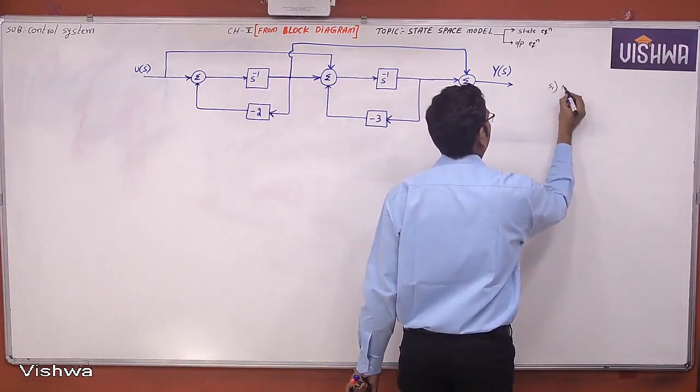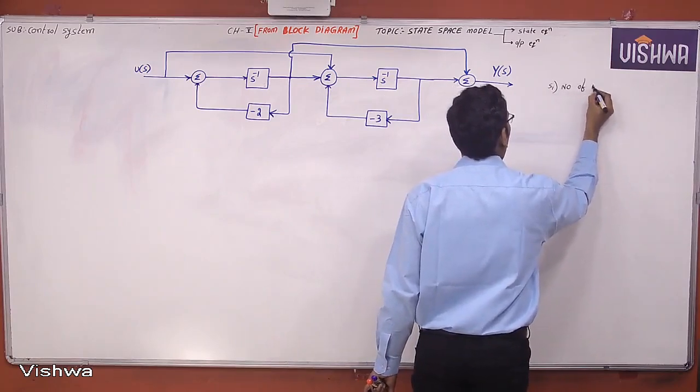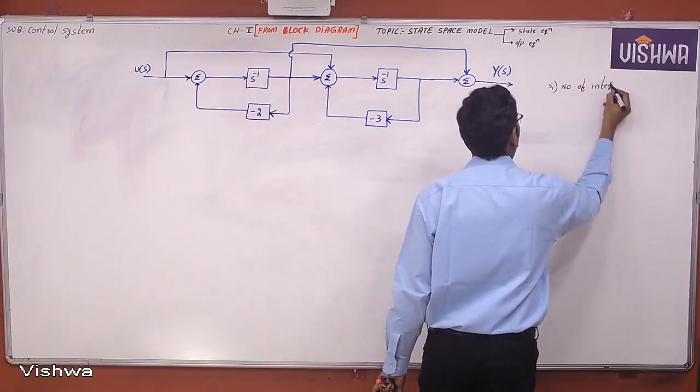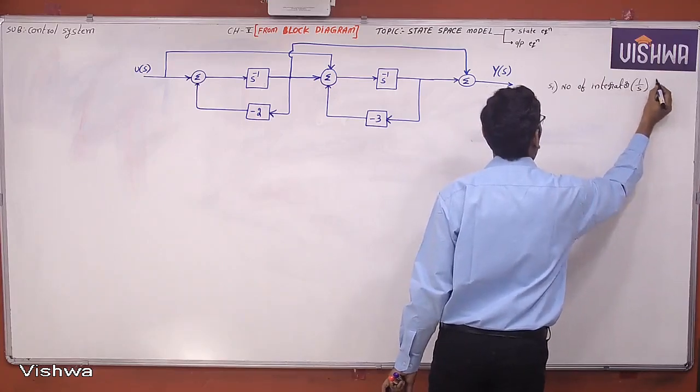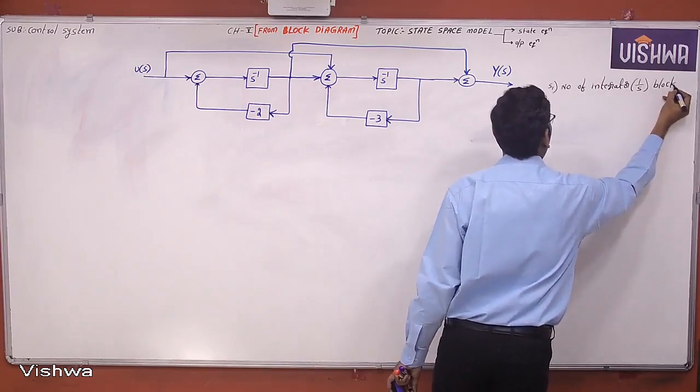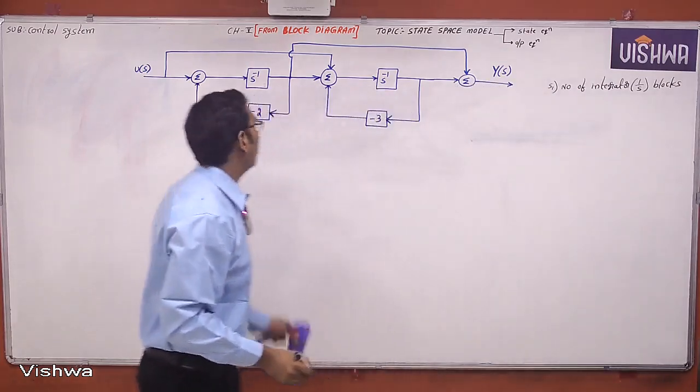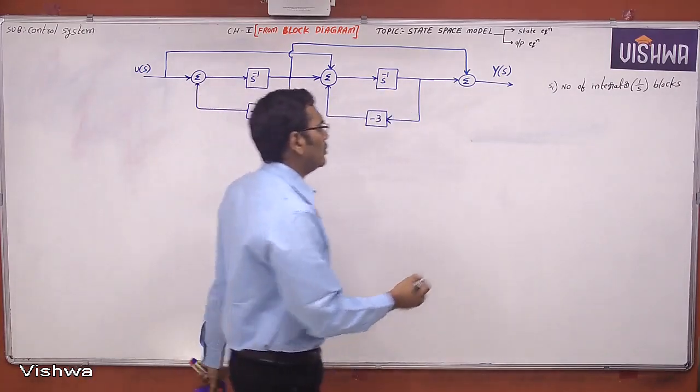What is step 1? Number of integrator 1 by S blocks. How many integrator blocks here? 1 and 2.